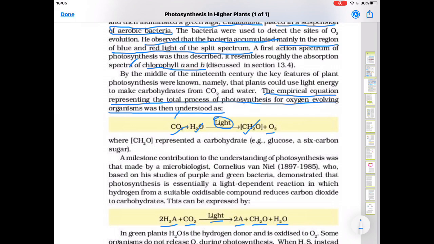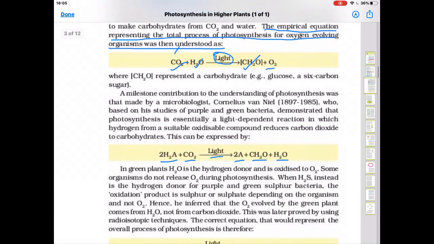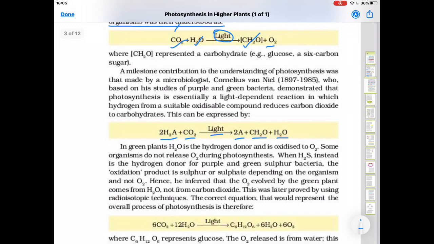Some organisms do not release oxygen during photosynthesis. When hydrogen sulfide is used instead of water, that hydrogen sulfide is the hydrogen donor for purple and green sulfur bacteria. The oxidation product is sulfur or sulfate depending on the organism, and not oxygen.